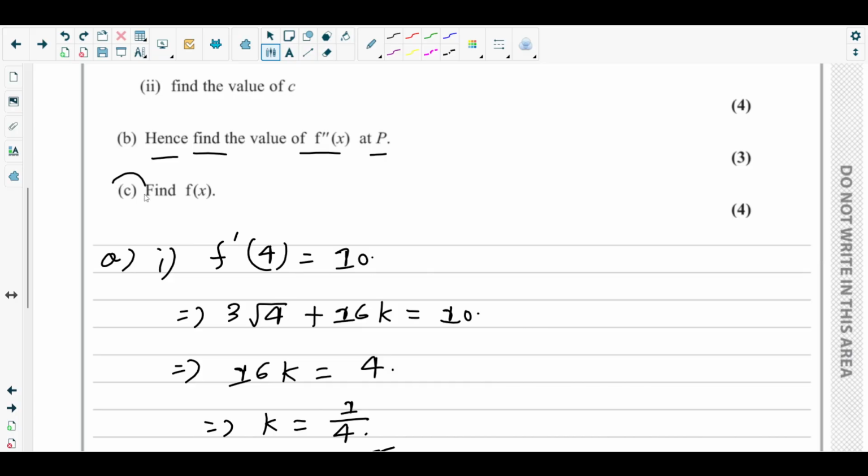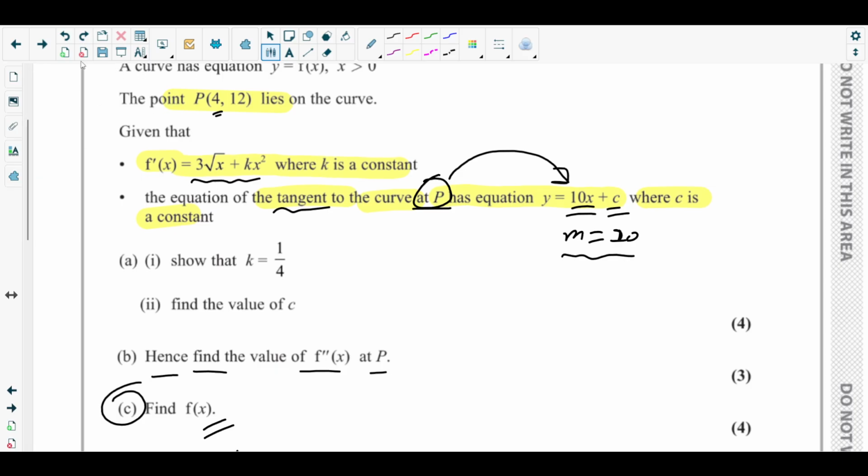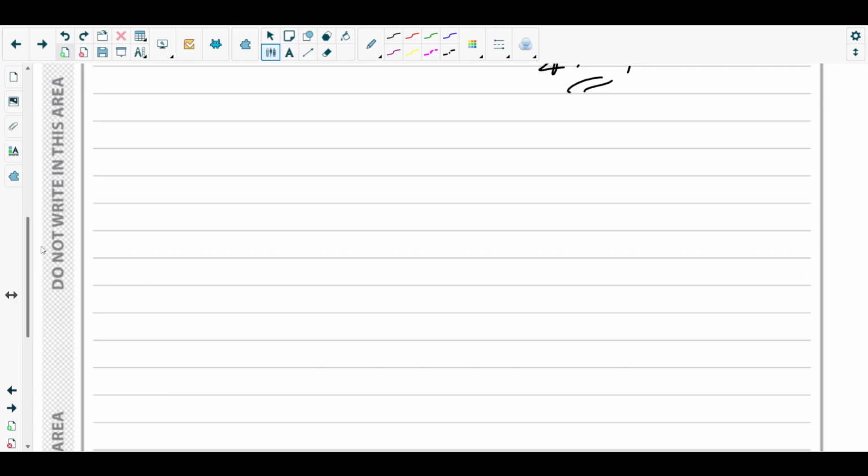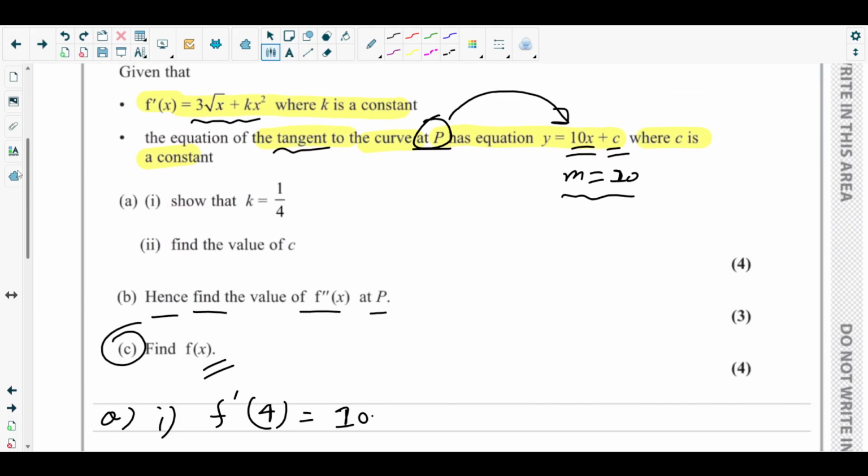Now part C, the last part of question 8, is asking to find f of x. We already know f dash x, right? For part D, isn't it D? It's C basically.